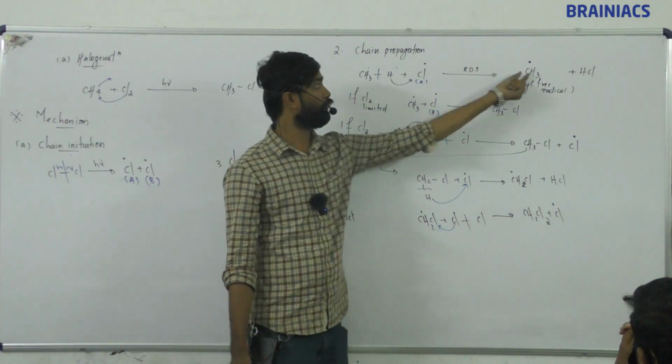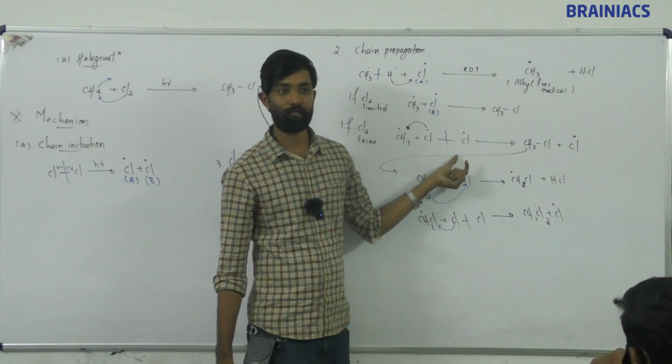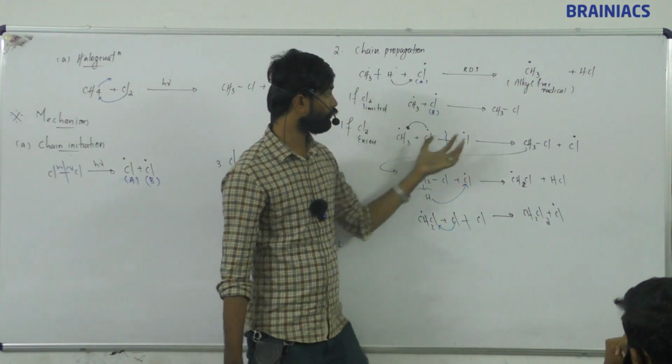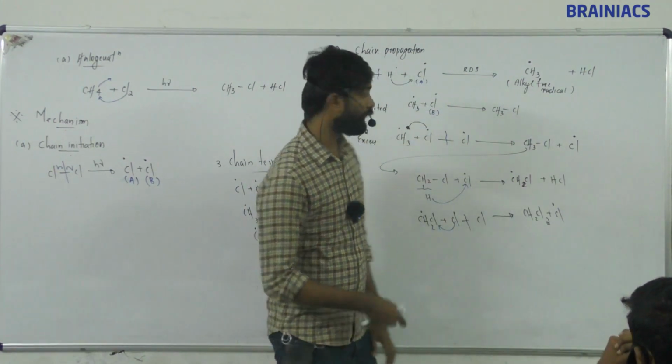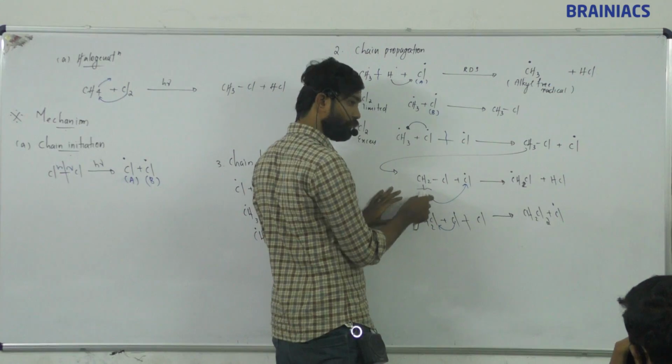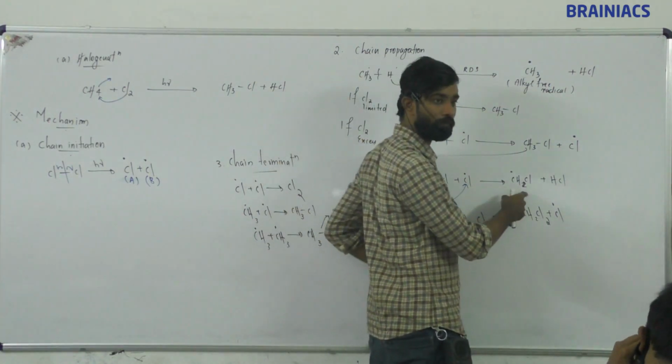The formed methyl free radical homolytically cleaves the next chlorine and abstracts one chlorine, forming an active radical. That active radical once again picks up hydrogen to form the next radical.